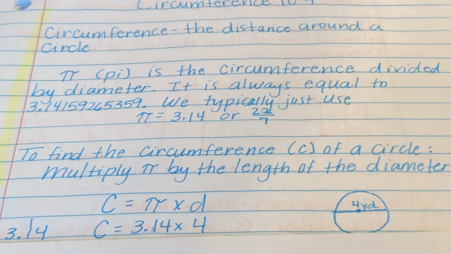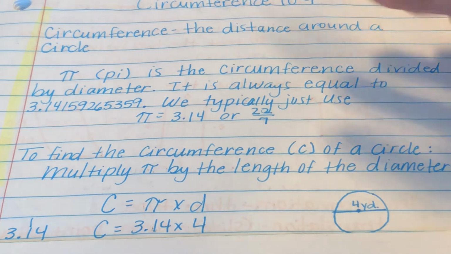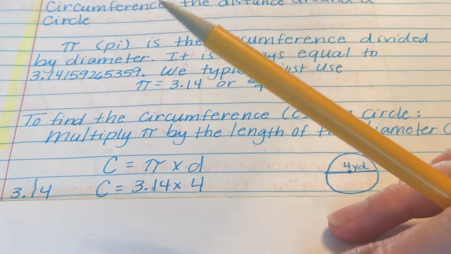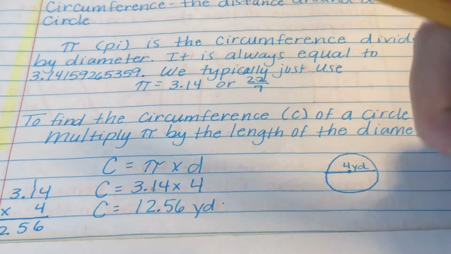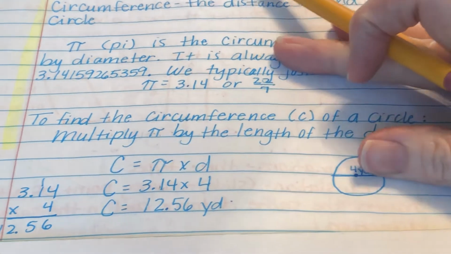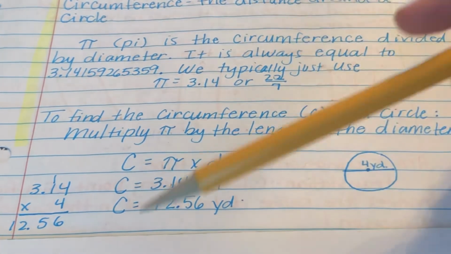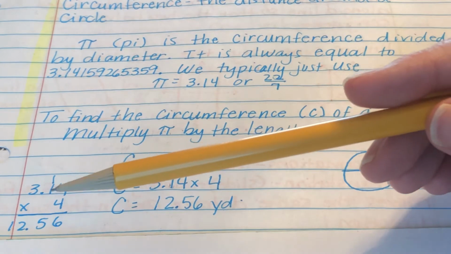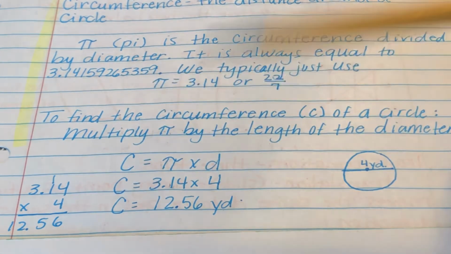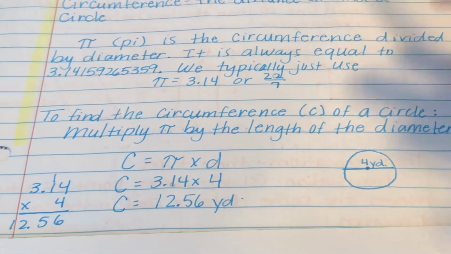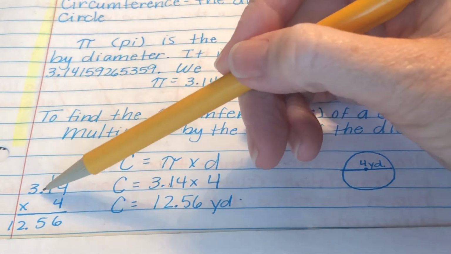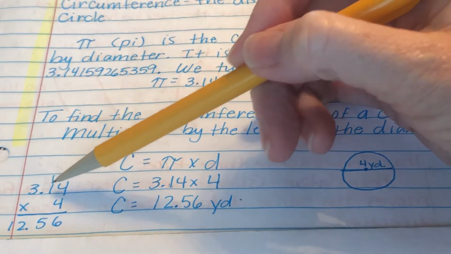Now, 3.14 times 4 in my head, I don't know it. So I'm going to do it out here to the side. When we look over here at my work, we have 3.14 times 4 multiplied just like normal. We ignore that decimal point. We don't put any decimal points in until we're done multiplying. Once we're finished, I notice that there's one decimal point with 2 numbers behind it.